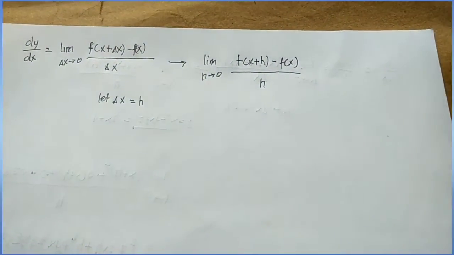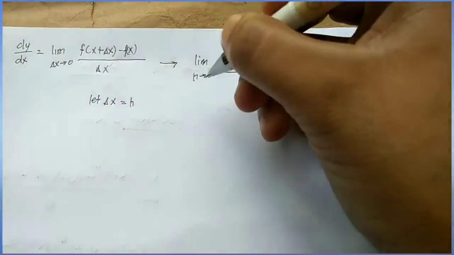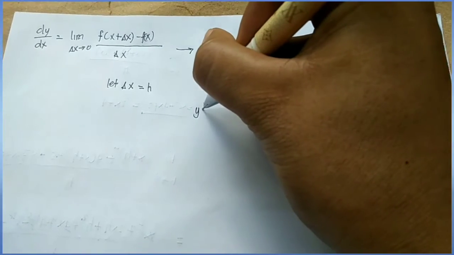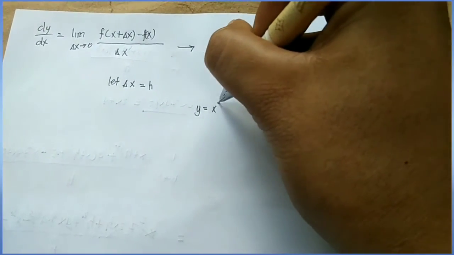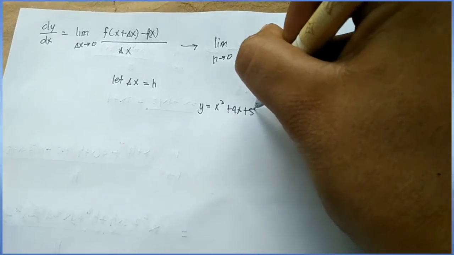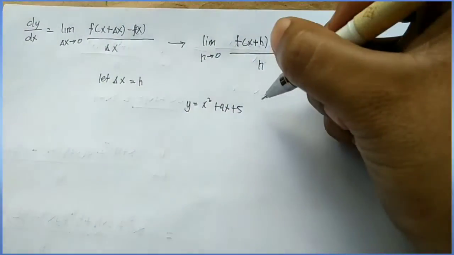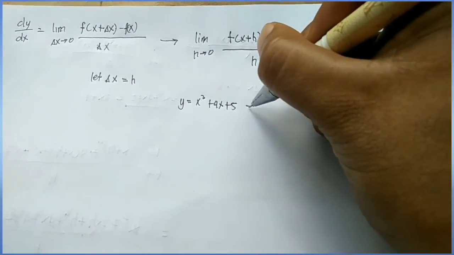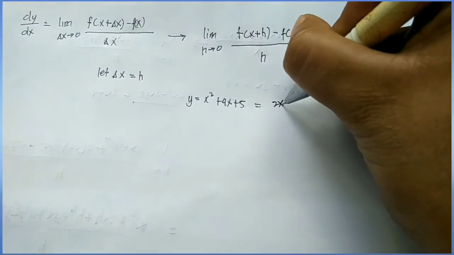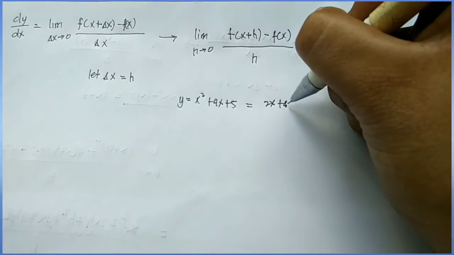So let's give an example. y is equals to x squared plus 4x plus 5. If we take its derivative, the answer is 2x plus 4.